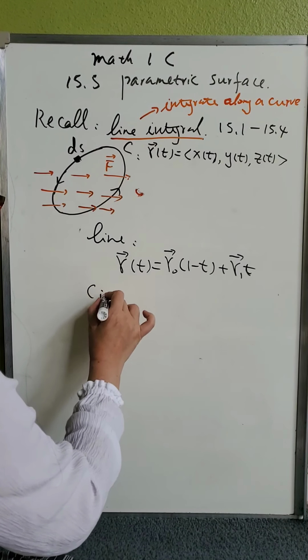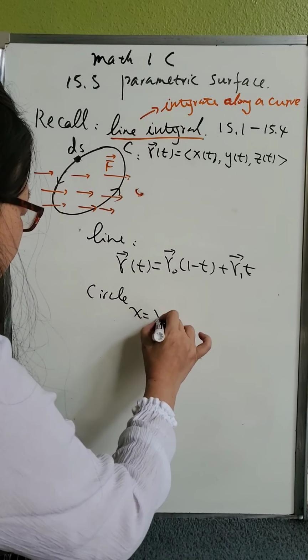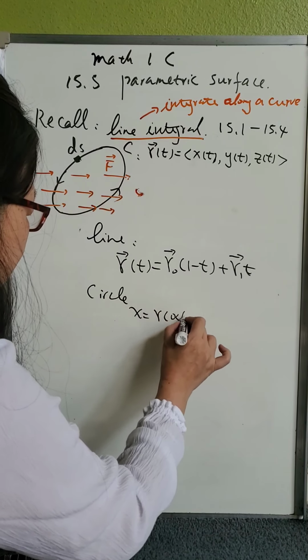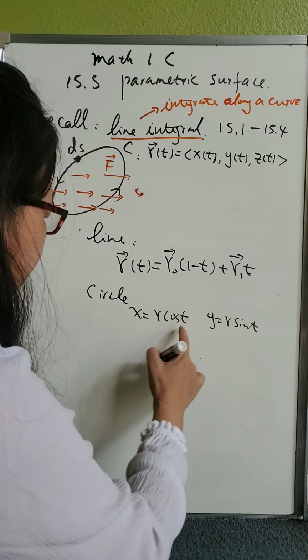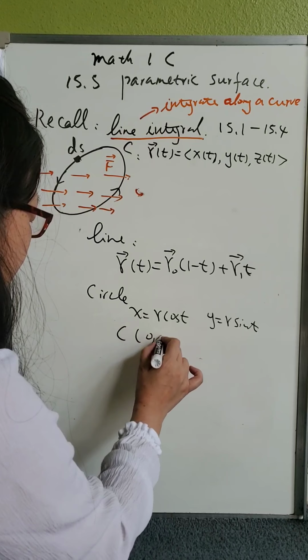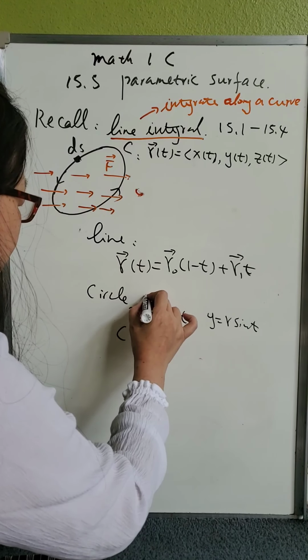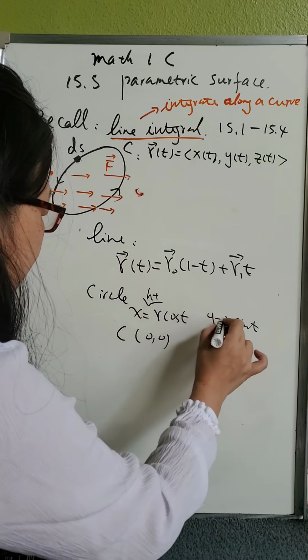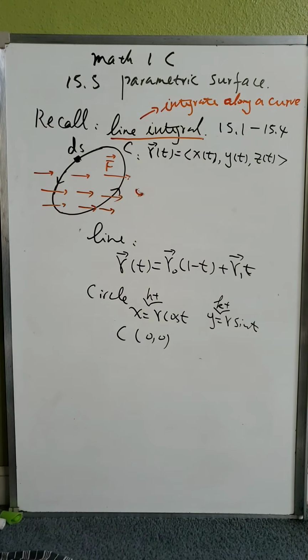For a circle, x equals R cosine t, y equals R sine t, with the center at 0, 0, okay? If not 0, 0, then you need to add the center here, h plus, and k plus, and so on.